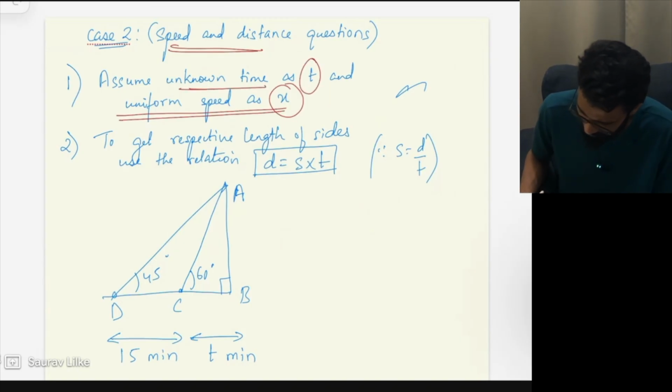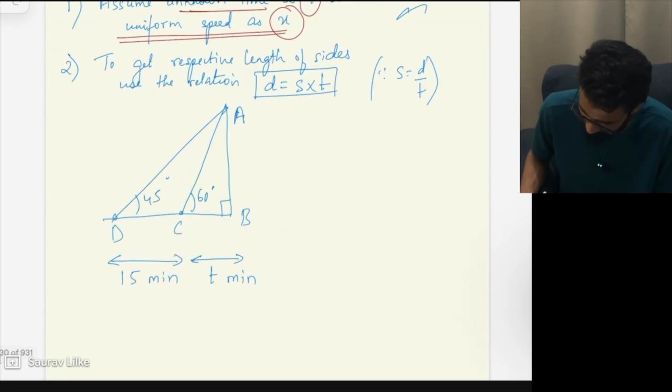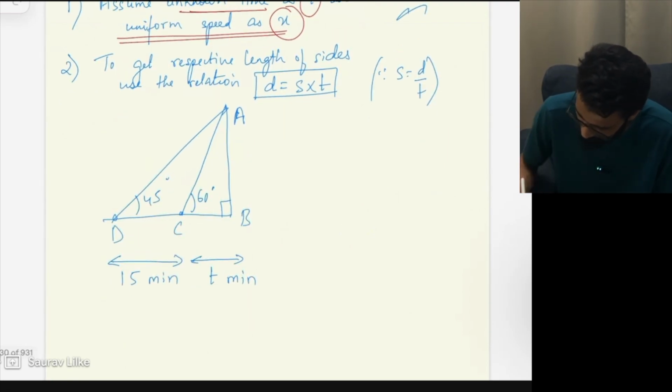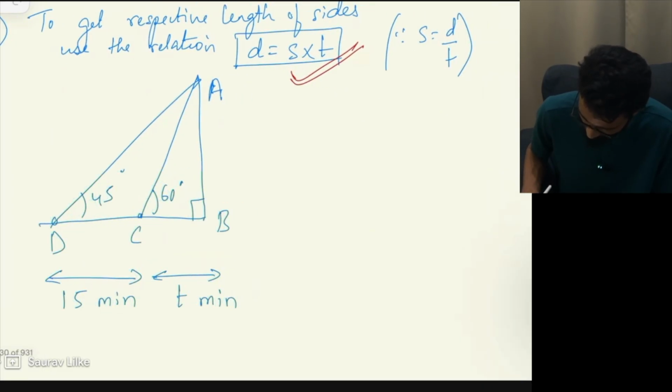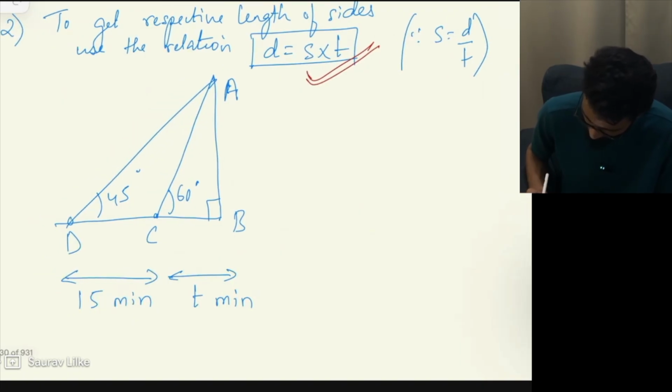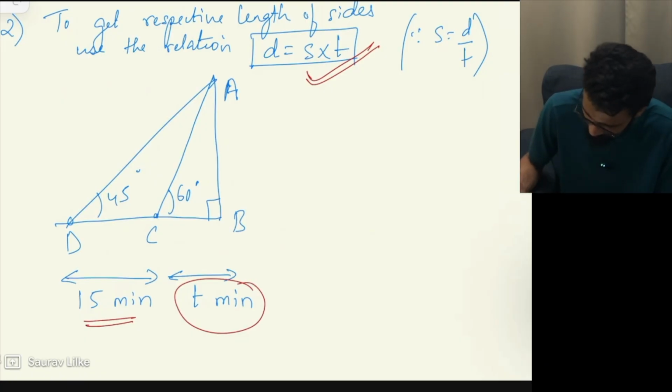Now to write the length of these sides in terms of distance, I will use the relation distance is equal to speed into time. If you look at this scenario, suppose from point D to point C, the object is taking 15 minutes time, and from point C to point B, I don't know that time, so I will take it as t minutes.